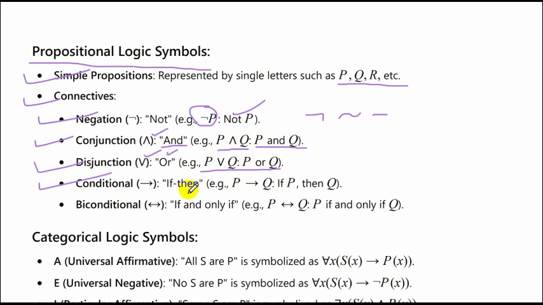If then. Example, if P then Q. Biconditional, both ways. If and only if. P if and only if Q.